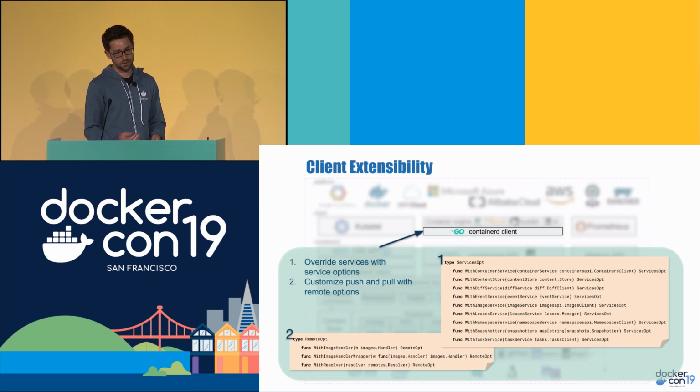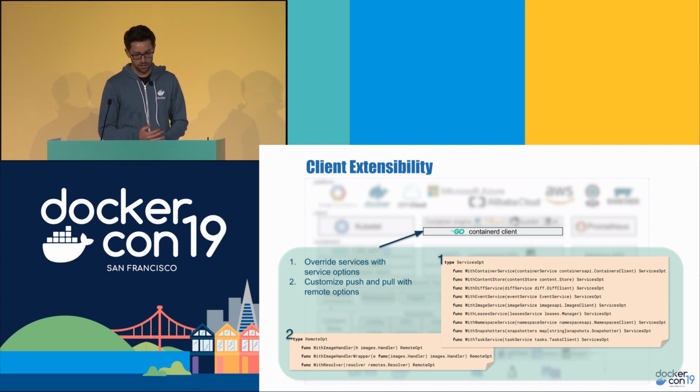So by default, the services are going to connect to gRPC and just talk to the containerd service. But you can override any individual service in order to either use a different implementation, or in the case where you're already a plugin running inside the daemon, you can actually talk to the services directly instead of over gRPC. That's what the CRI plugin is doing.